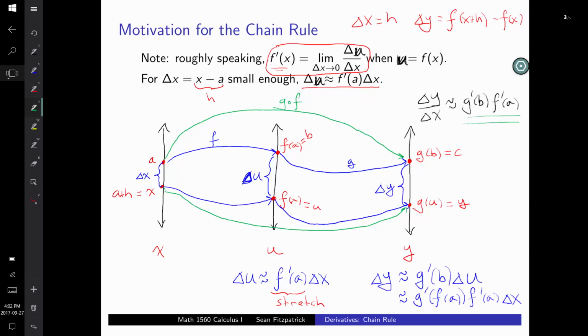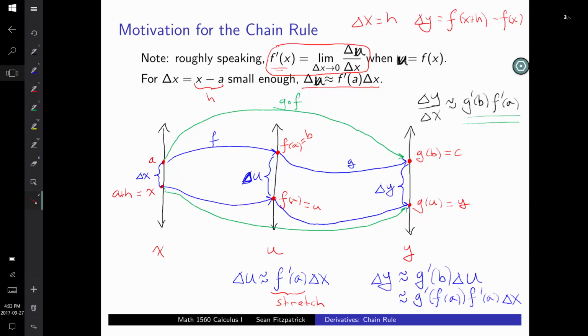The derivative of this composition should just be the product of the derivatives of the two functions that go into that composition. But be careful, note that they're evaluated at different points. The outside function has to be evaluated at the inside function. So this is one thing to keep in mind. But essentially this is what the chain rule says: when you have this multi-step process and you have rates of change in each step of the process, then those rates multiply.